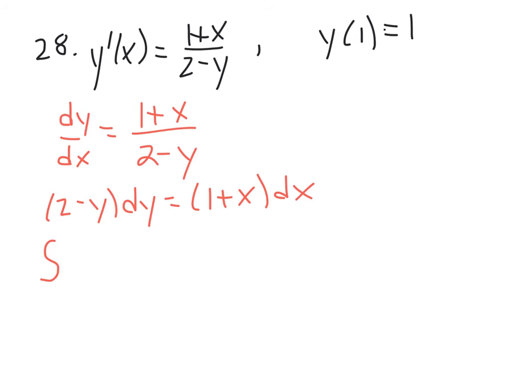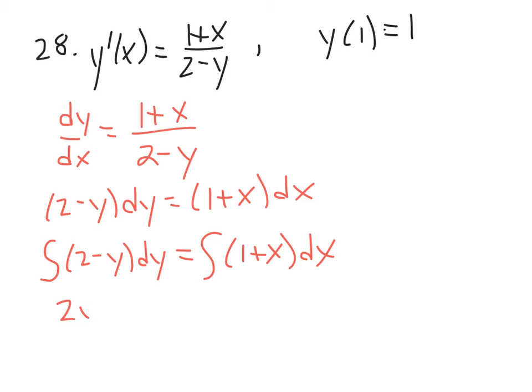I'm going to integrate both sides. And so when we do that, we're going to get 2y minus y squared over 2 equals x plus x squared over 2 plus c.